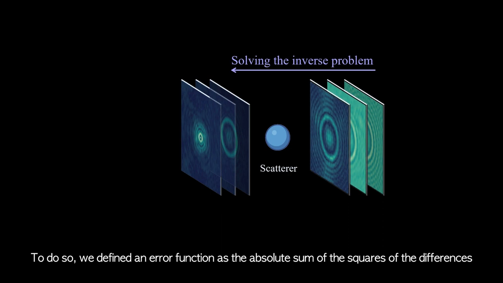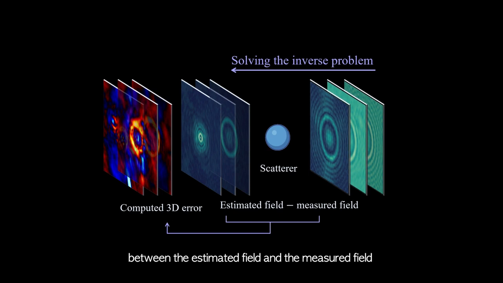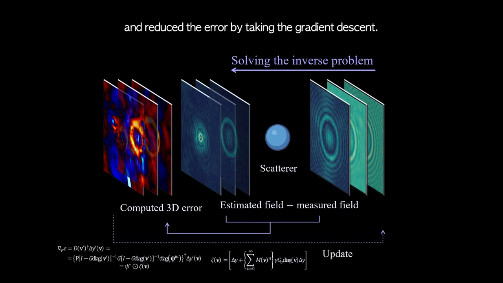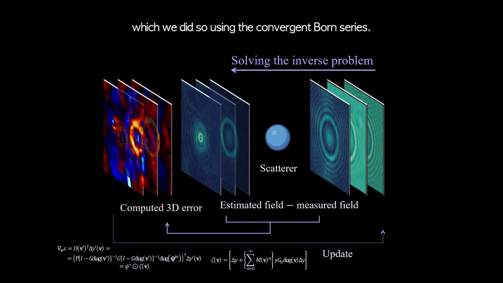To do so, we defined an error function as the absolute sum of the squares of the differences between the estimated field and the measured field, and reduced the error by taking the gradient descent. This gradient descent theoretically required two sequences of using a forward solver, which we did using the Convergent Born series.